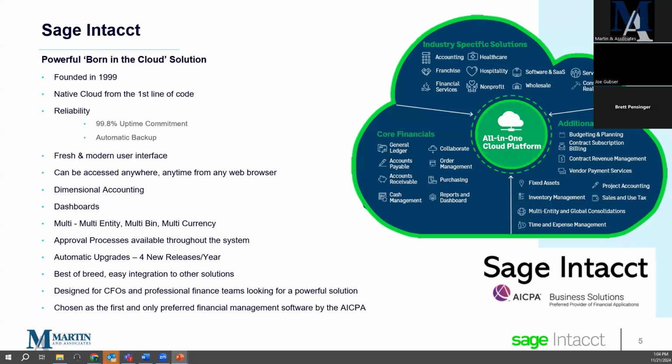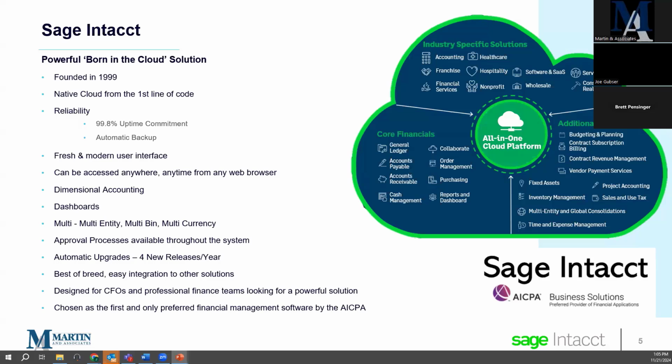So with Intacct, you don't need a server to run your ERP system. It's running on the web, and you access it through a web browser. You can access your Intacct from anywhere, anytime, as long as you have a web browser and an internet connection.